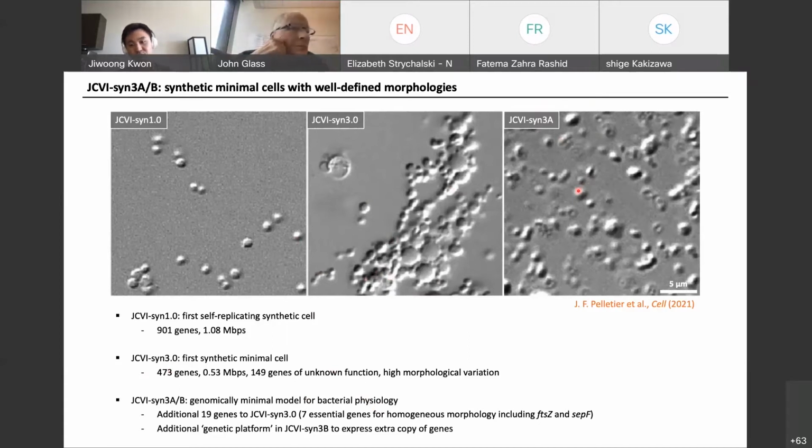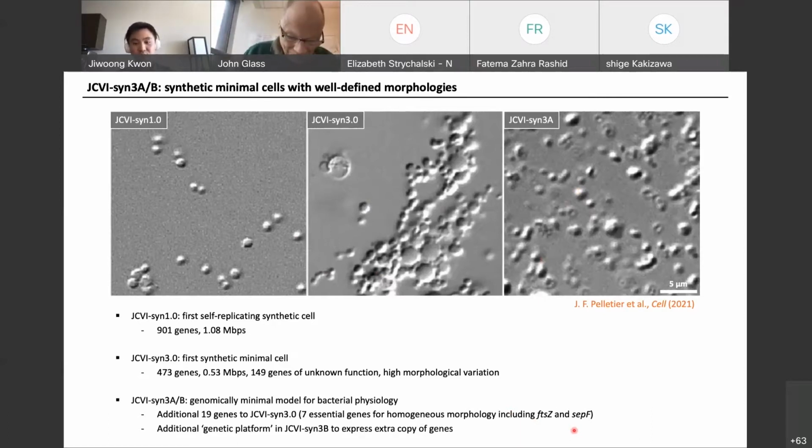These minimal cells uncovered the genes required for minimal life activity, but still the functions of many of those genes remain unclear. And even for well-studied genes such as FtsZ, the intracellular distribution and the dynamics of those proteins inside the minimal cells are poorly understood.